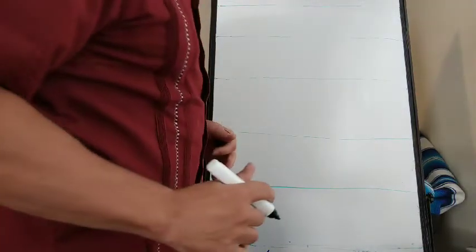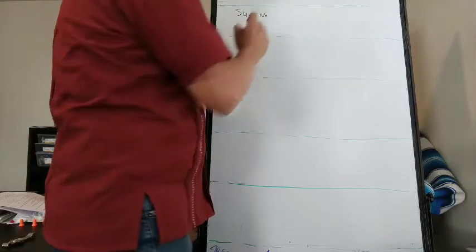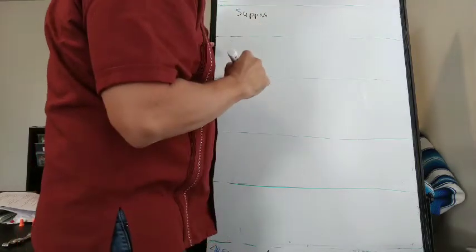Now there's a couple different ways to say this. One way is, let's suppose that V and W are vector spaces of the same dimension.